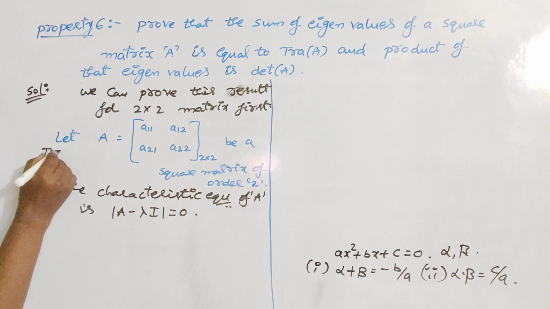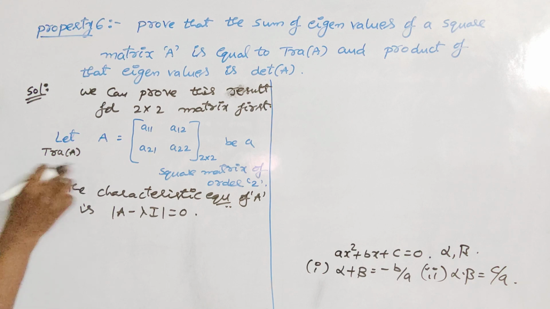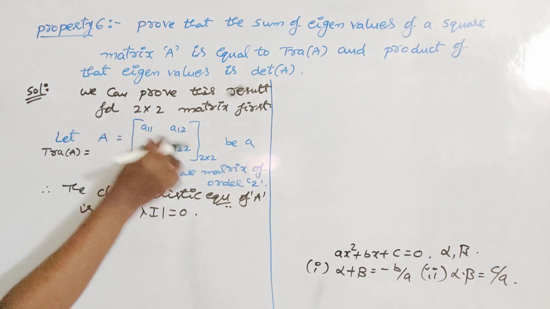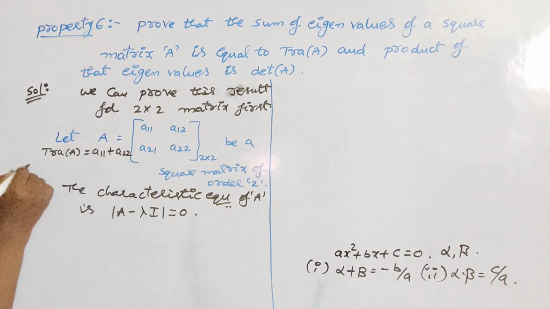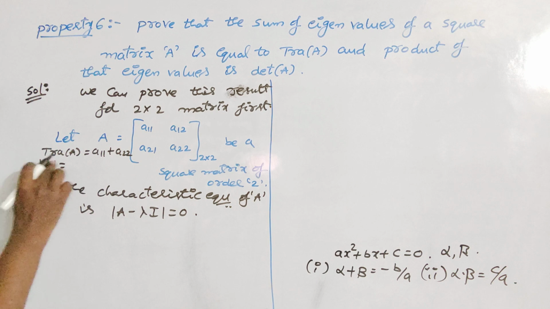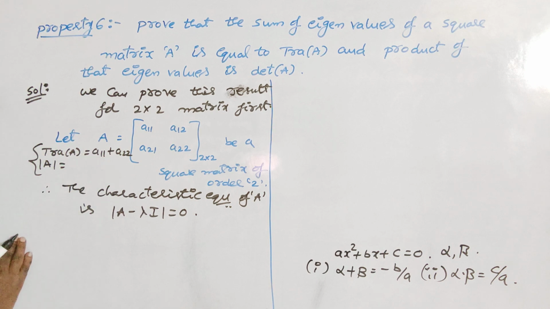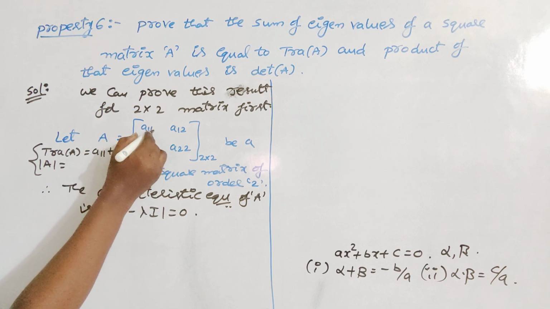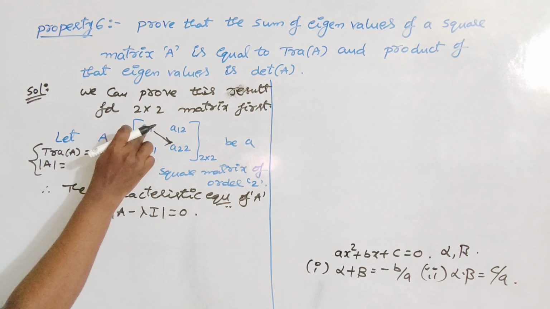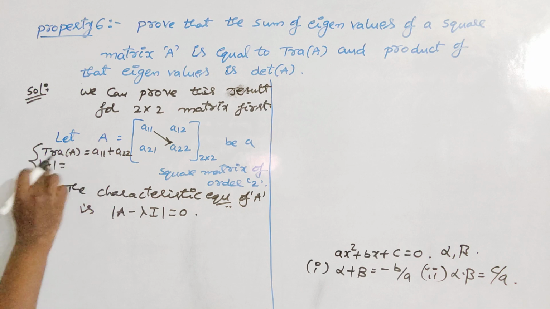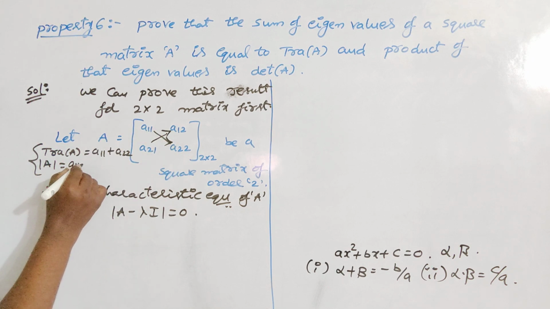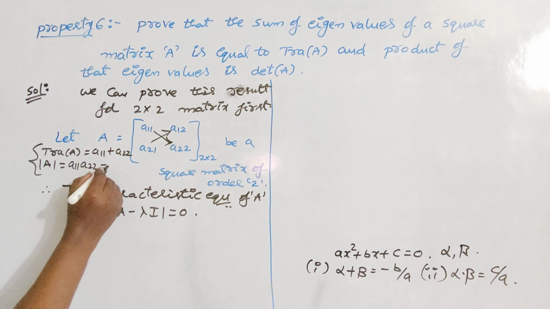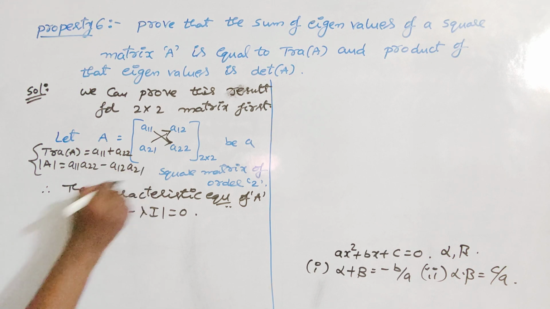Trace is the sum of diagonals, so A11 plus A22. And what is det A? Don't forget writing these two points before finding the characteristic equation. Det A is the cross product: A11 into A22 minus A12 into A21.